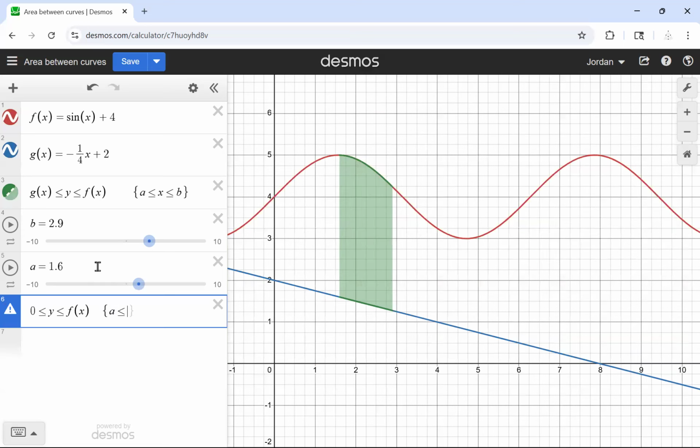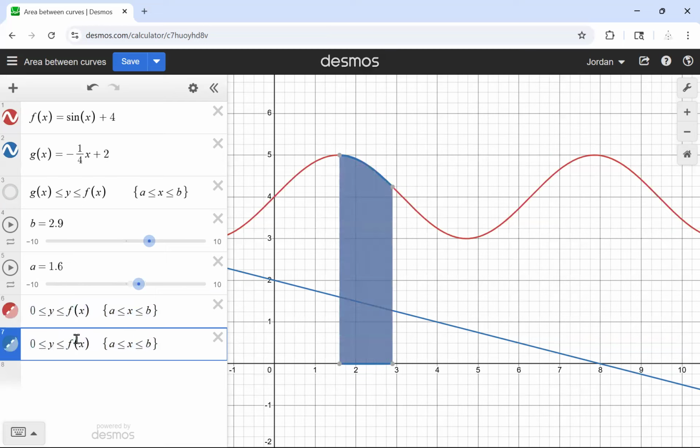I should have had this, but that's okay. So if I want to find the green, I start out with the signed area for the red, and then I look at the signed area for this blue curve.